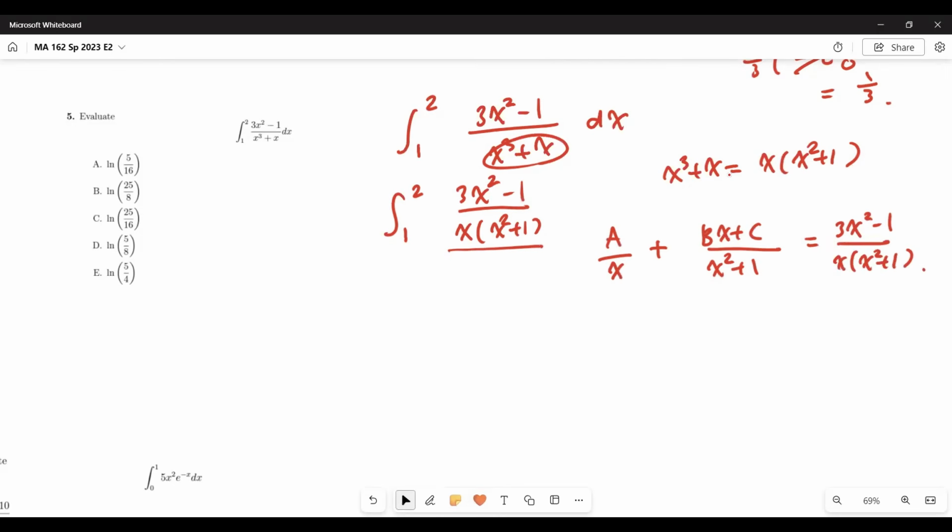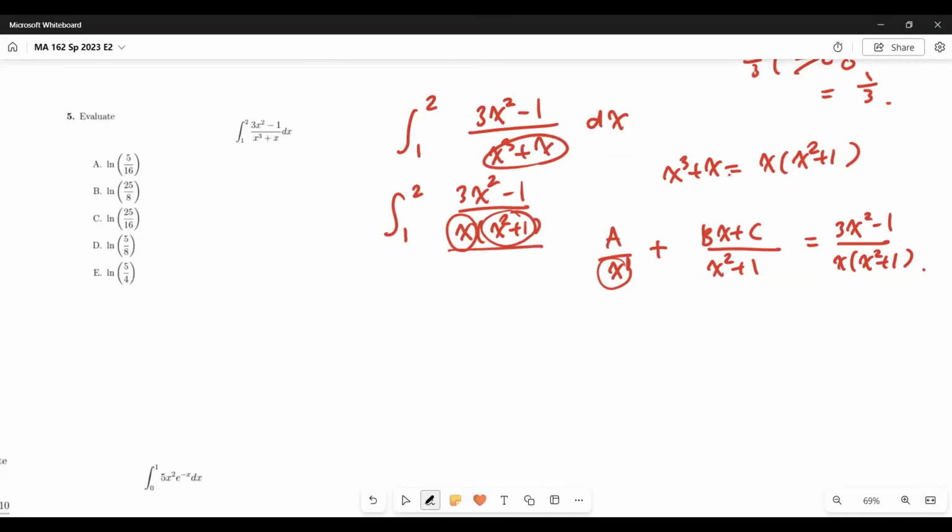You might wonder why we write this. Because we can write this as something over x and something over x squared plus 1, because this is one element, right? And when you're writing the numerator, you have to subtract 1 power. So x is x to the 1 power, so 1 minus 1 is x to the 0 power, which means a constant term will go in the numerator.